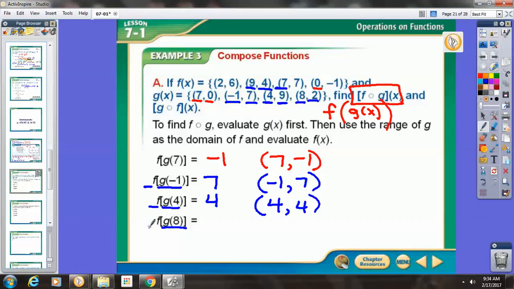So let's put 2 into f. What do we get out? 6. So my ordered pair is 8, 6. I put in 8 first, and I got out 2. Then I put 2 into f, and I got out 6. So each of these ordered pairs would represent f composite g. Wasn't so bad, was it?